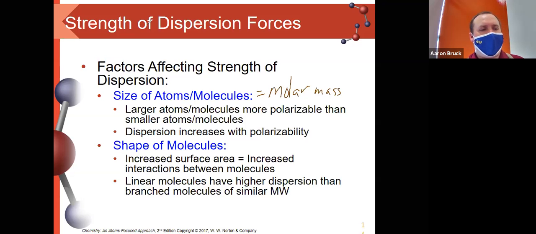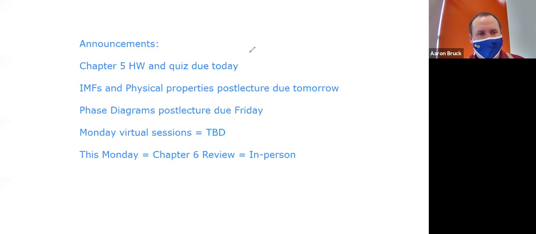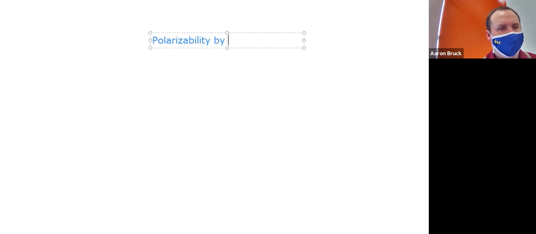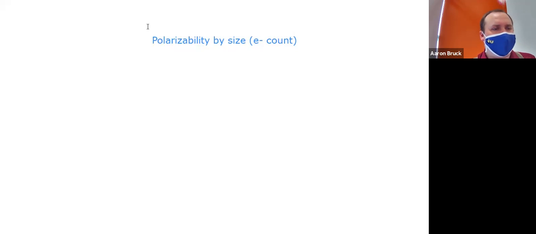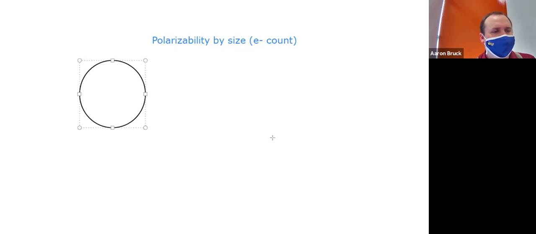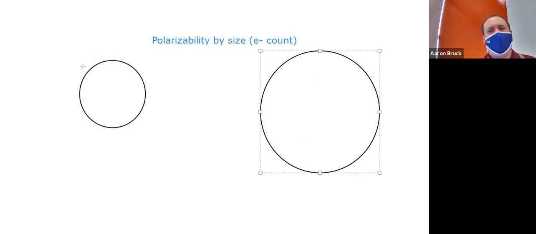The best way to think about that is with an illustration. I'm going to go back to the whiteboard here for just a second. Let's just say, for the sake of argument, that I've got two different atoms. In this atom, I have 4 electrons.